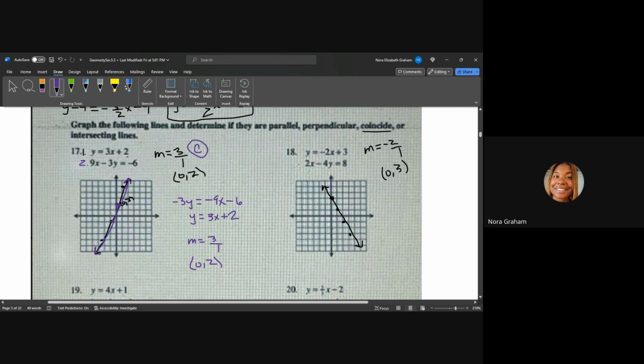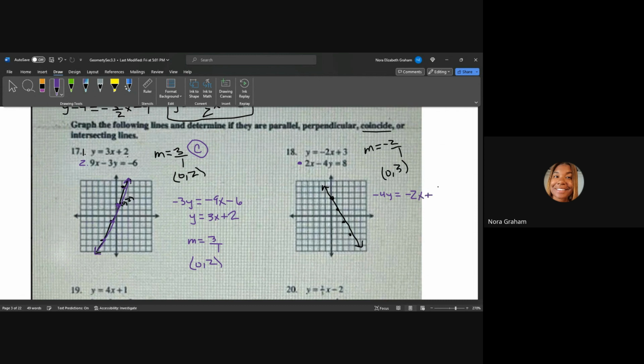And then we have to make our second line, this line right here. So again, we have to isolate our y. I have -4y equals, I subtract that 2x from both sides, and then plus 8.